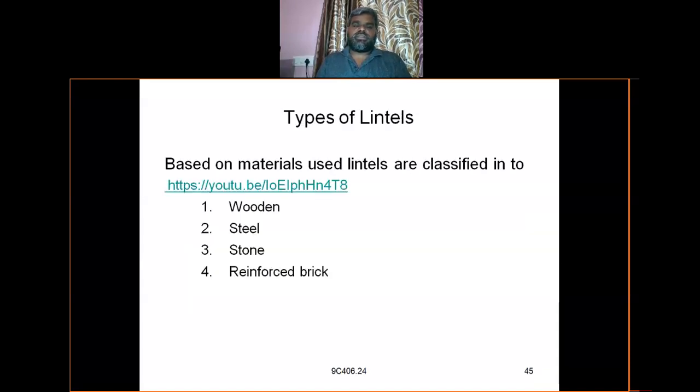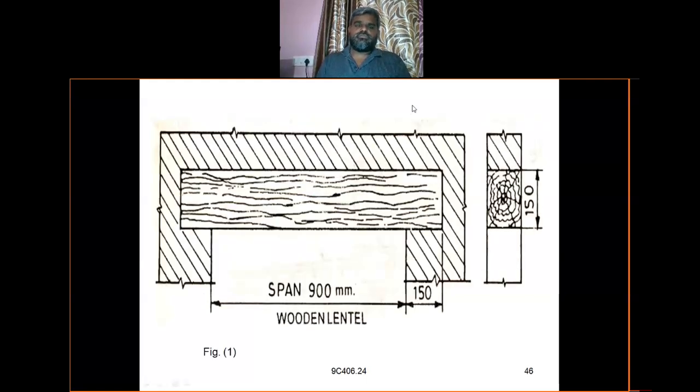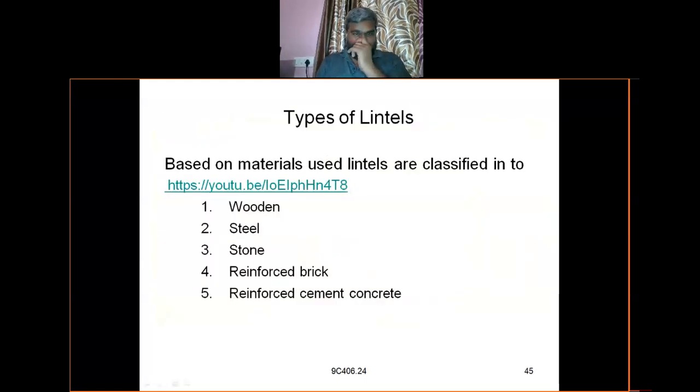Based on materials used, lintels are classified into the following types: wooden lintels, steel lintels, stone lintels, reinforced brick lintels, and reinforced cement concrete lintels.